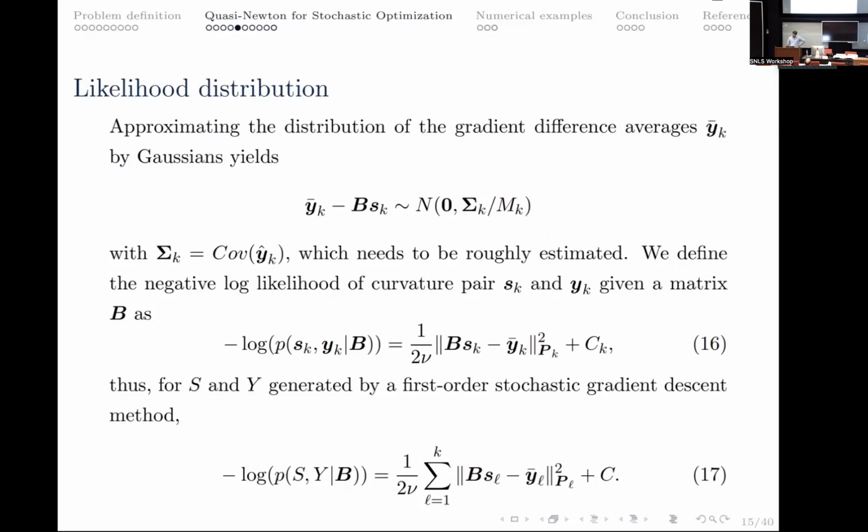Of course, and then for one curvature pair s, y, we defined this negative log likelihood term as denoted here, where P is a precision matrix, the inverse of this covariance matrix here. Now, as I said, we have several curvature pairs from several iterations that we are storing in memory.